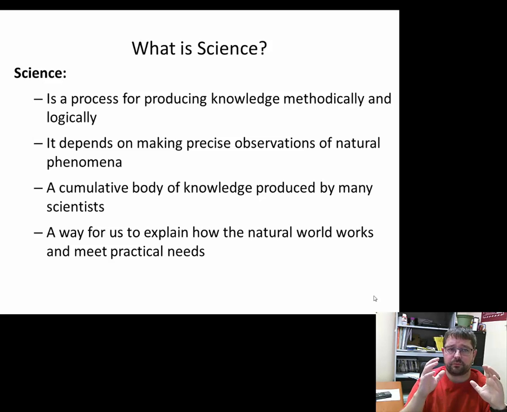And by being able to explain why certain things happen or why certain trends occur, science allows us to make predictable decisions for future events. That's one thing that really separates humans from a lot of other organisms, probably all other organisms: we have the ability to collect data today and make logical predictions about what's going to happen in the future.